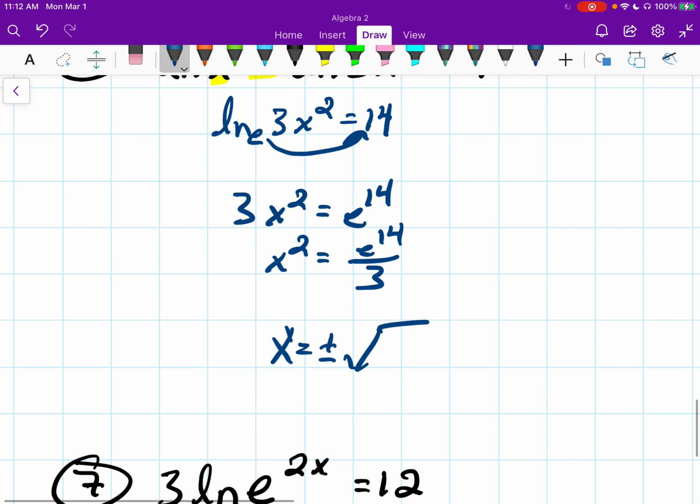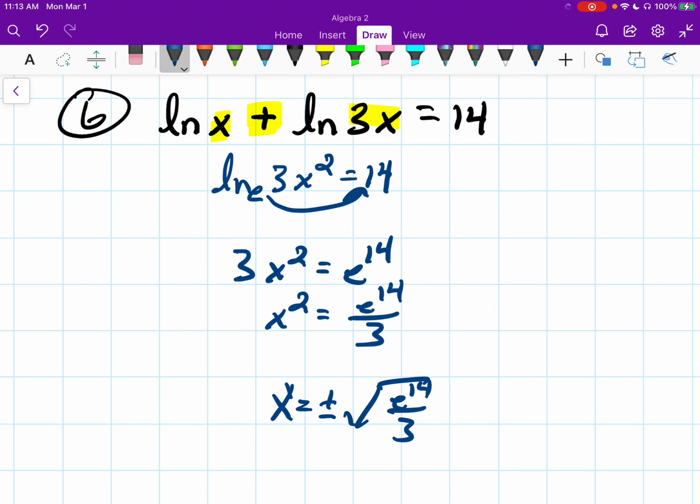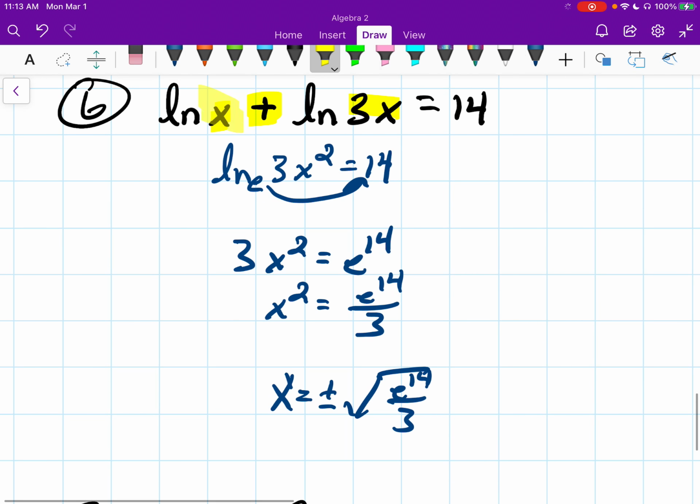But the thing to ask ourselves is, is it actually plus or minus? If we go back up here, that tells us that our x has to be positive, because we can't have a negative x. So this is actually just going to be the positive x. The square root of e to the 14 divided by 3.